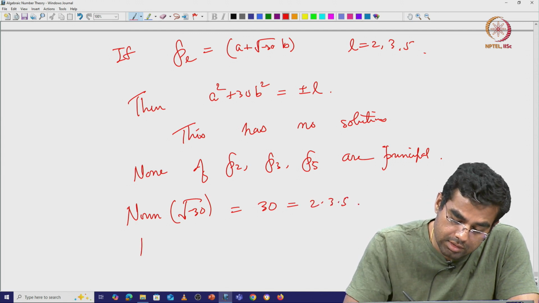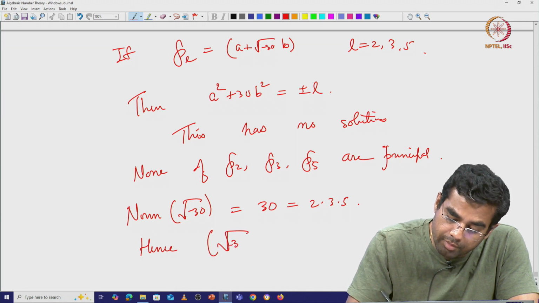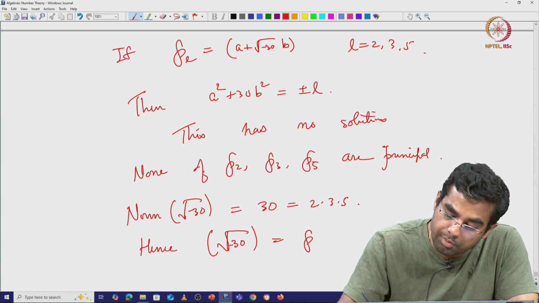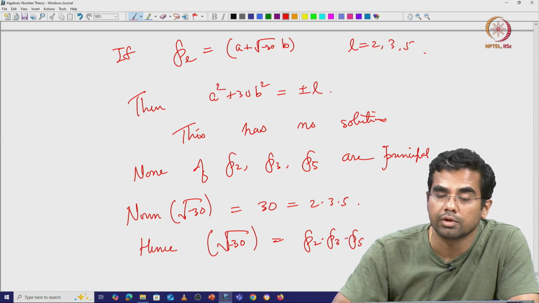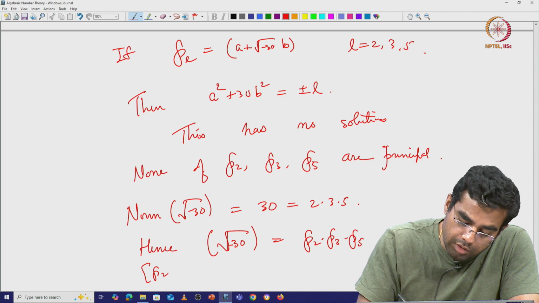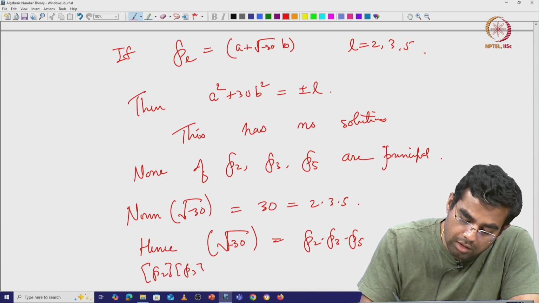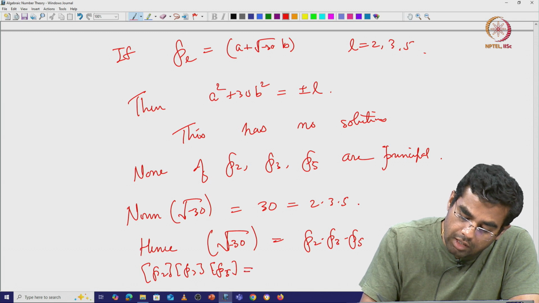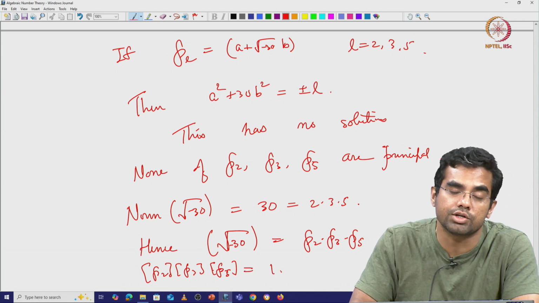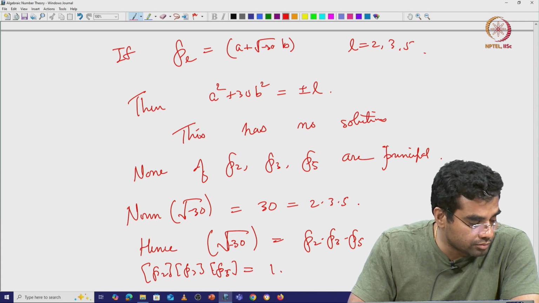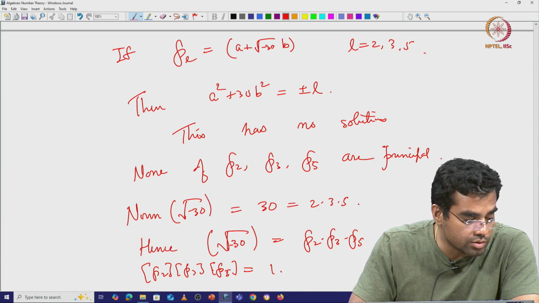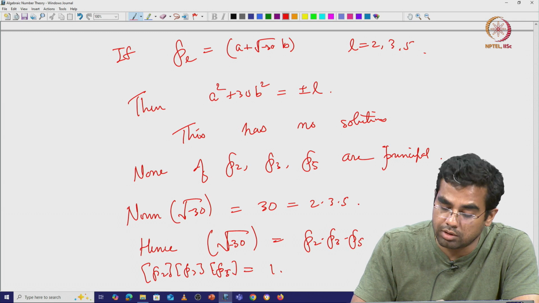So, hence if you take the ideal generated by square root of minus 30, this will be P2 times P3 times P5, which means that P2 into P3 into P5 is 1. So, there is some relation between them. It is not like there is no relation between these.